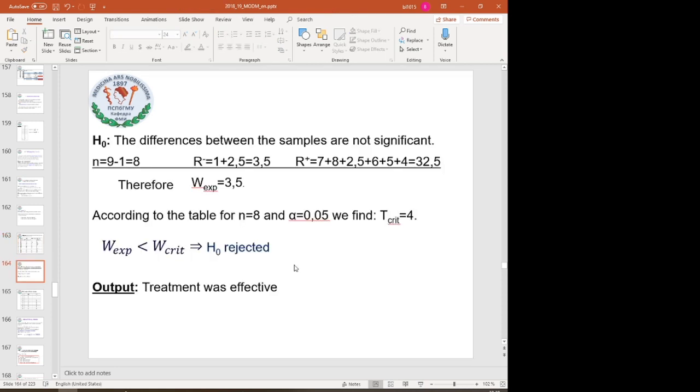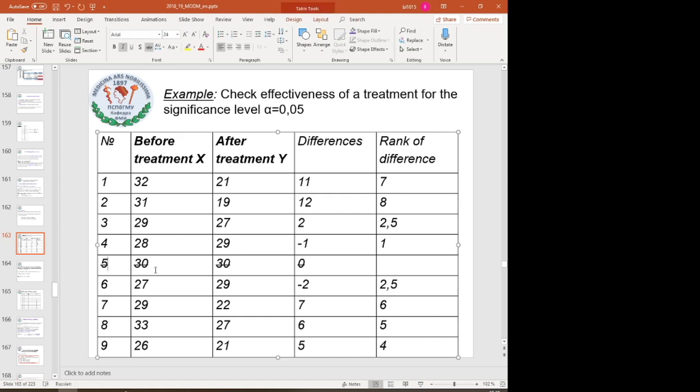So the first thing we should do is exclude from our calculation all patients for whom the treatment didn't have any effect. So we exclude the fifth patient.